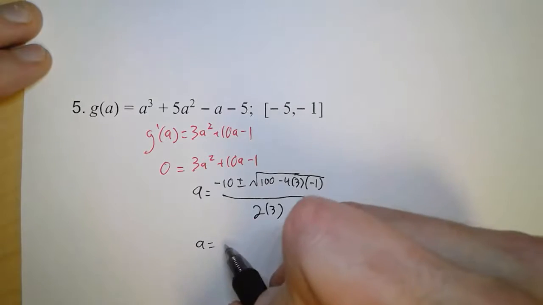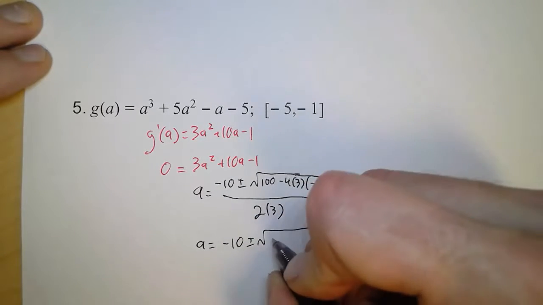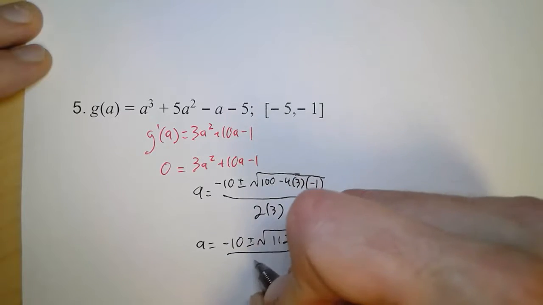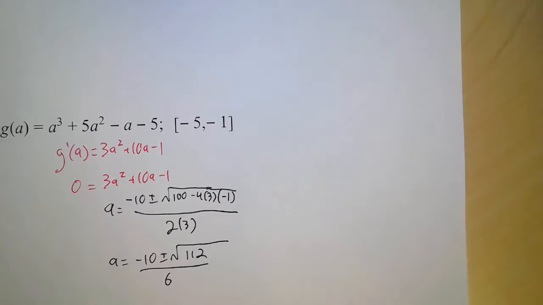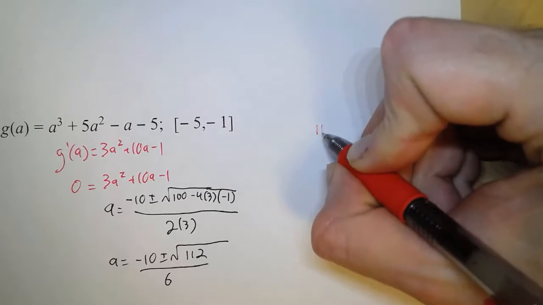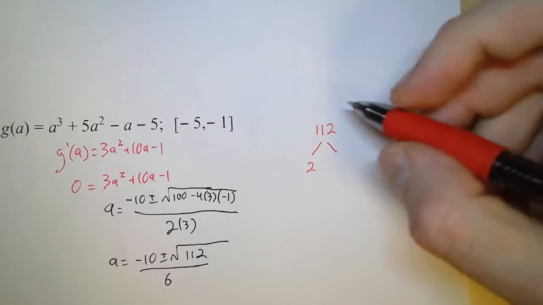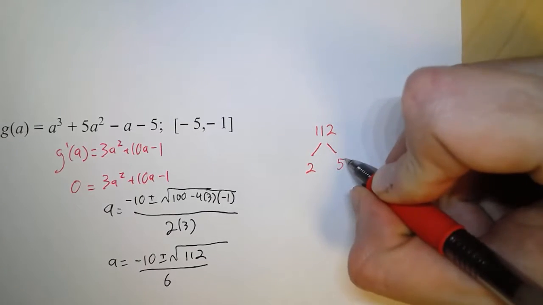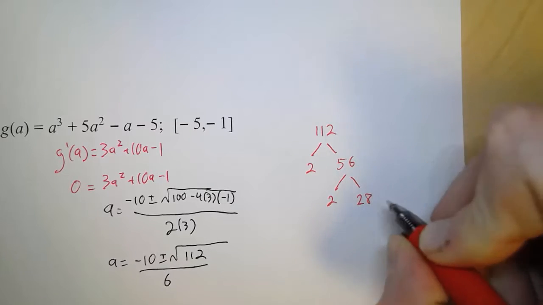So we can take -10 plus or minus the square root of 112 all over 6. And so, a little practice with factoring 112 to see how we can simplify this radical. Well, I can take a 2 out of 112, and that leaves me with 56. I can take another 2 out, that leaves me with 28.